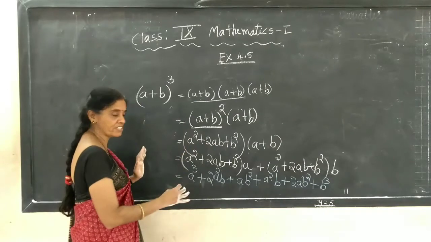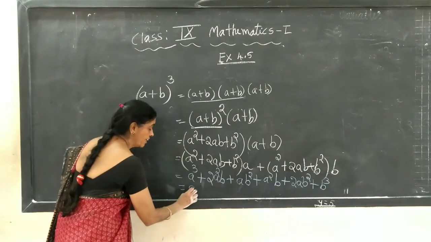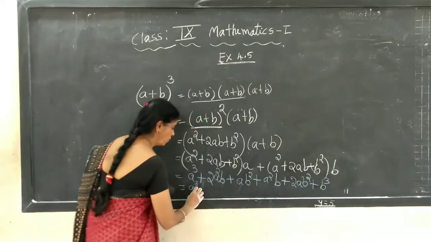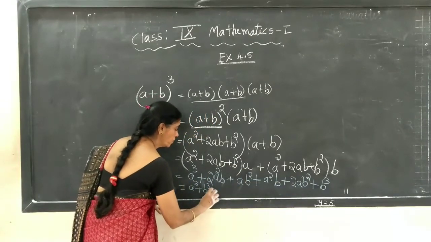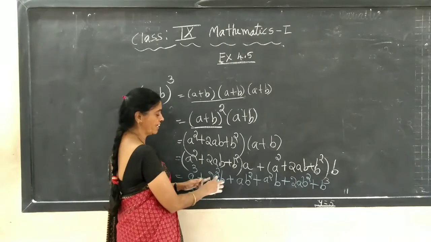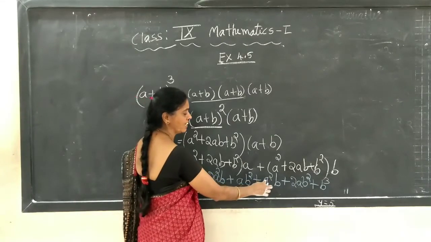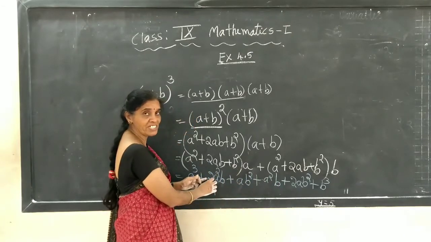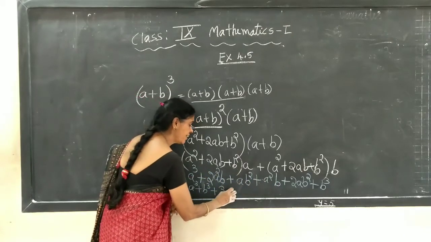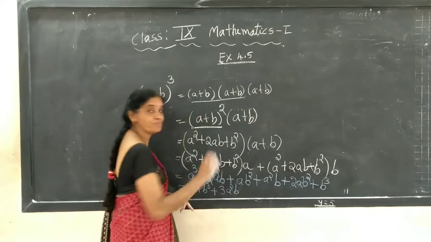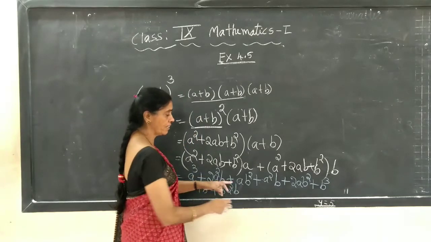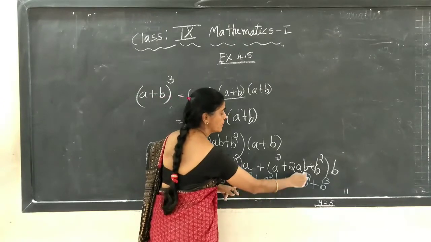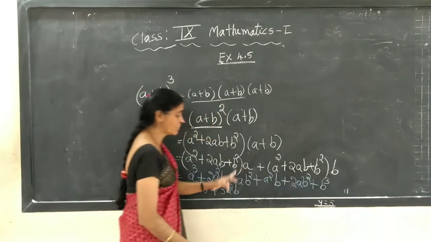Now I will simplify this, the like terms I will add. A cube, then there is one more cube, plus b cube, plus here 2a square b, and here one more a square b. How many a square b are there? 3a square b. In the same manner, here 2ab square plus 1ab square.